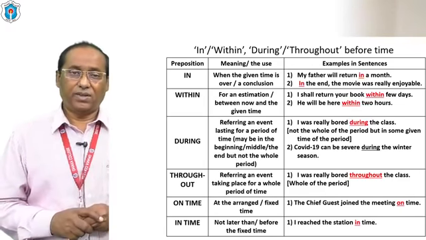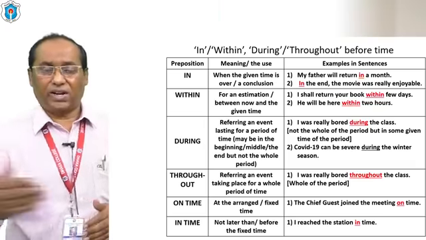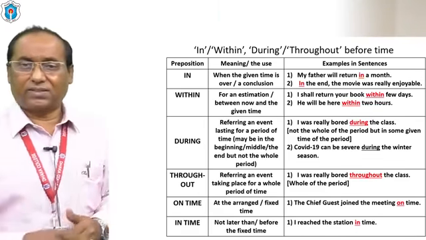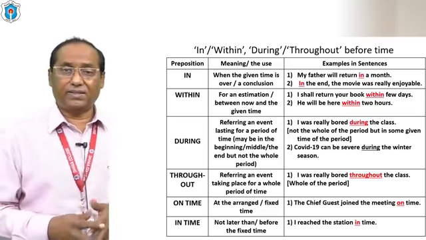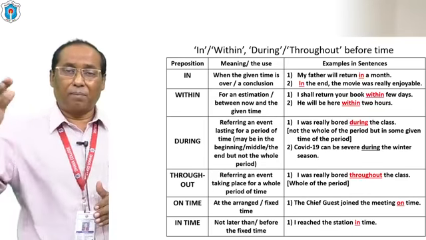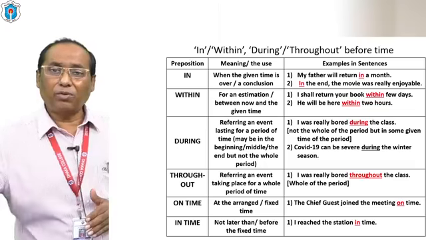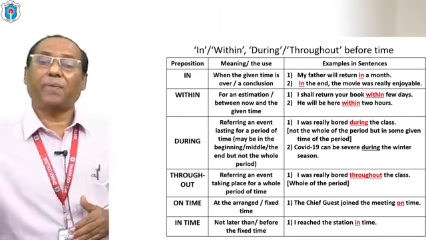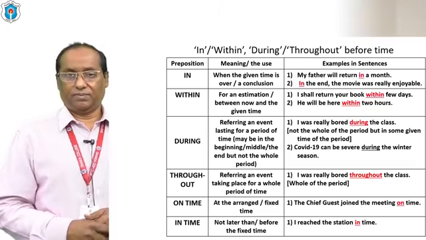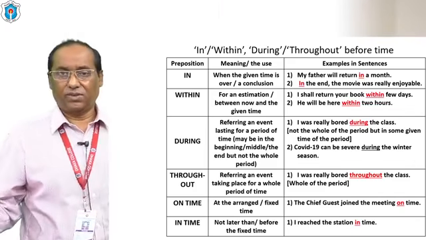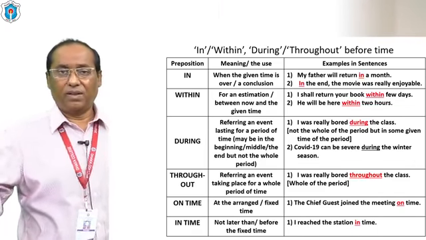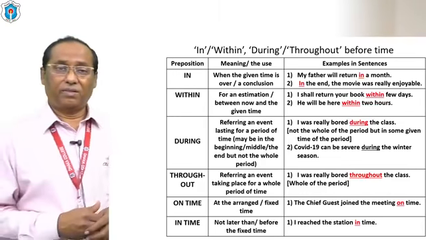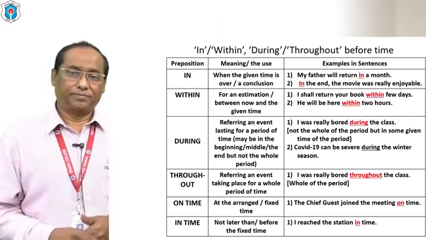That is, my father will return in a month. It means when the month is about to be over, that is in the ending part of the month. In a month, just my father will come, just for example on 31st October.